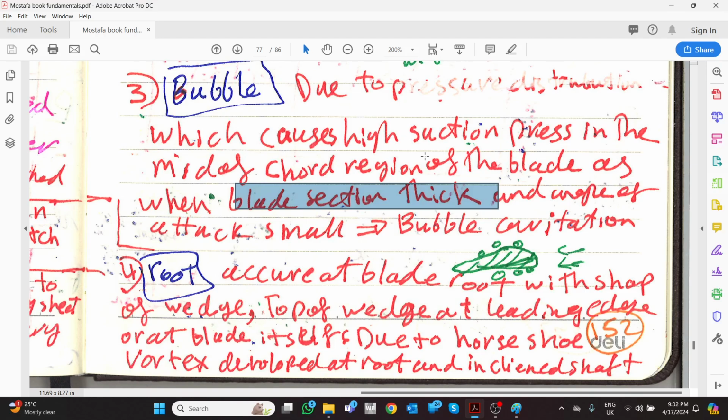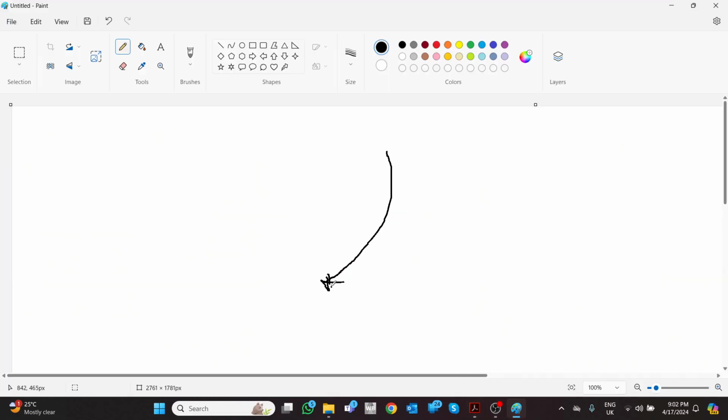What does wedge mean? It is like this, which means here it is curved. It is curved itself here. So the blade is curved in a way at the root.